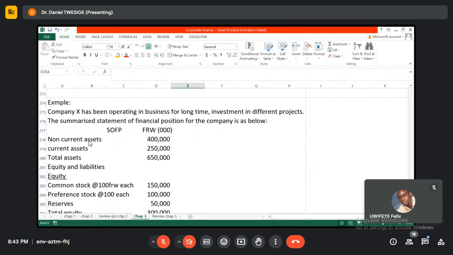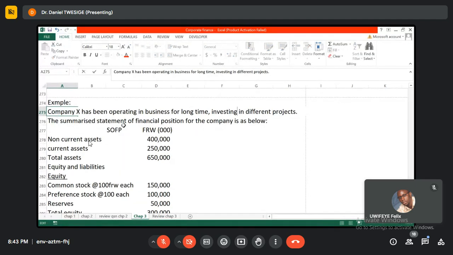This is company X, which has been operating in a business for a long time, investing in different projects. The summary statement of financial position.